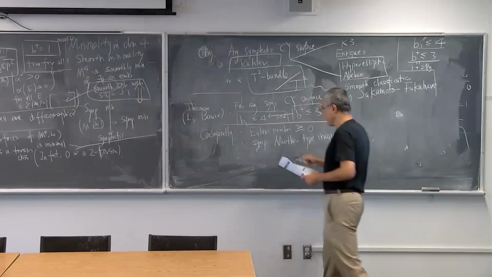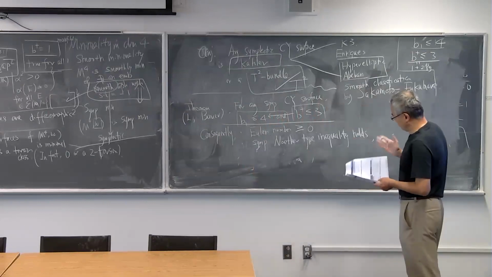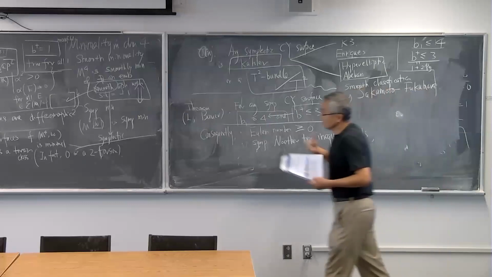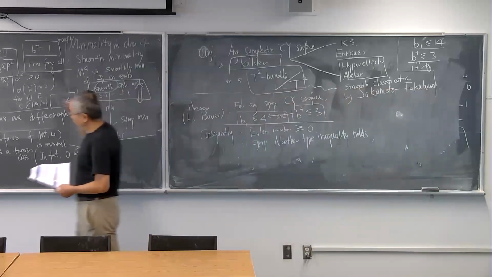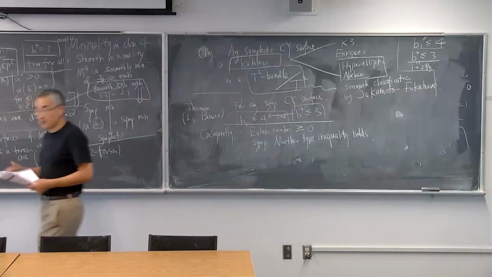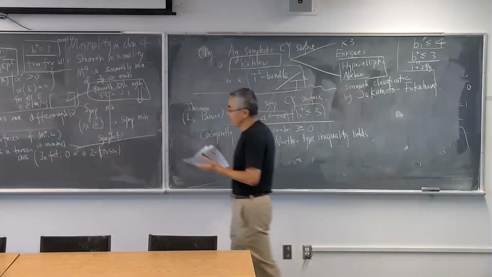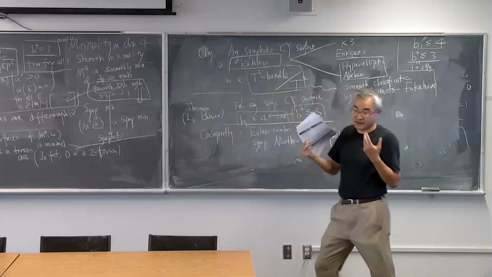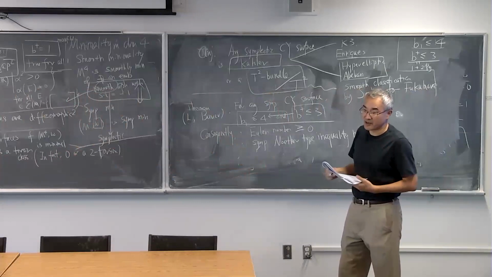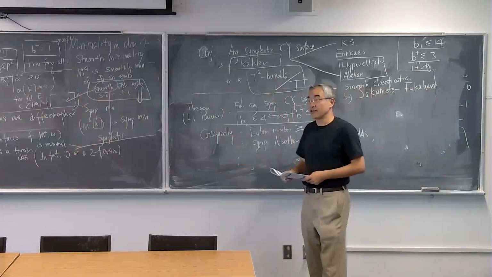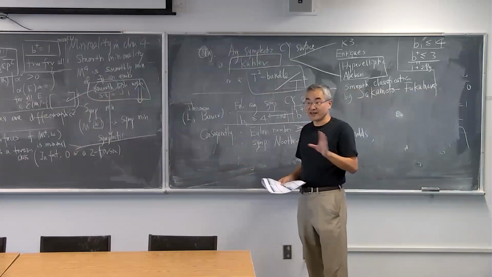So there is a conjecture, the symplectic Noether type inequality, that for all four manifolds with non-negative Kodaira dimension, particularly for symplectic four manifolds of general type, meaning the ones with Kodaira dimension equal to 2, there is a symplectic analog of the Noether type inequality. But that is stated in terms of the number of Seiberg-Witten basic classes.